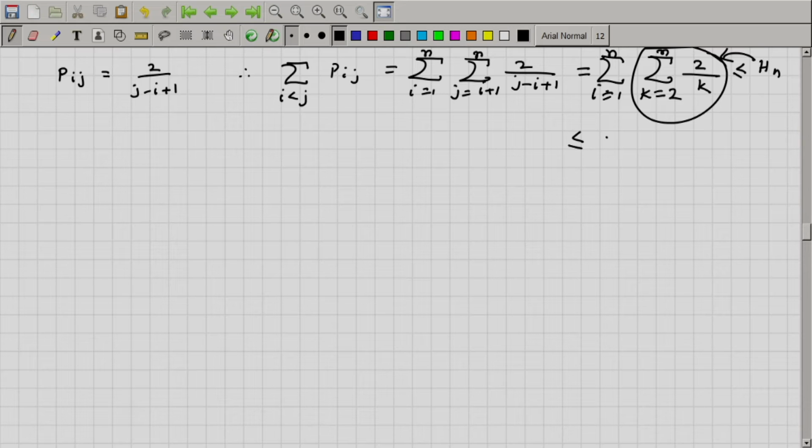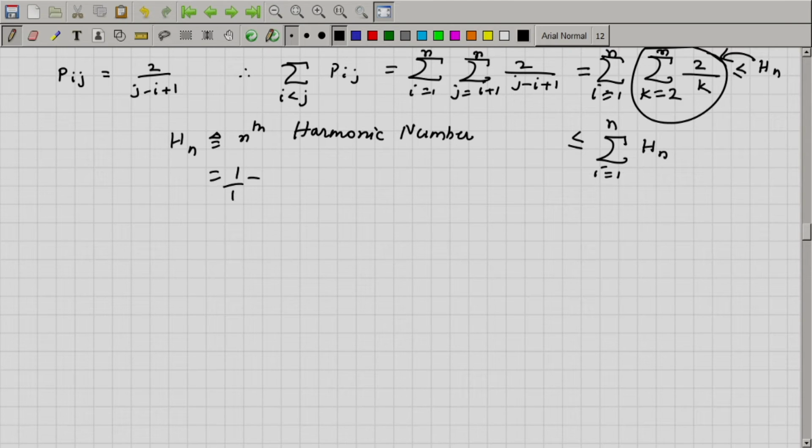So, we can say that the whole summation is less than the sum over i going from 1 to n of Hn, where Hn is the nth harmonic number. It is equal to 1 by 1 plus 1 by 2 plus up to 1 by n. This is approximately log n.